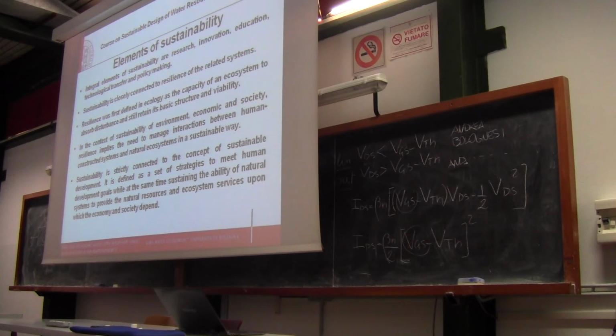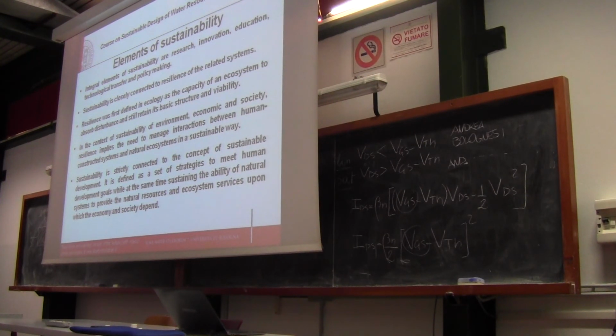Think about society, think about what can be like an earthquake. Is the societal apparatus able to get back to the original condition quickly after the earthquake or not? Resilience is composed by many factors.